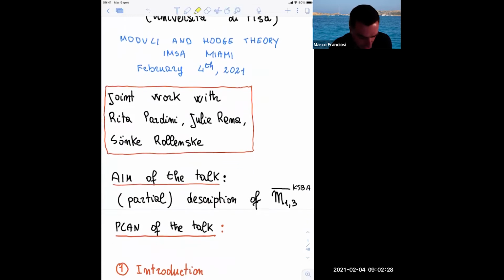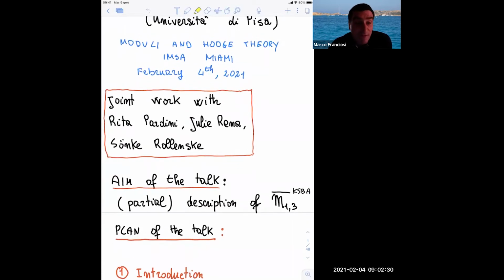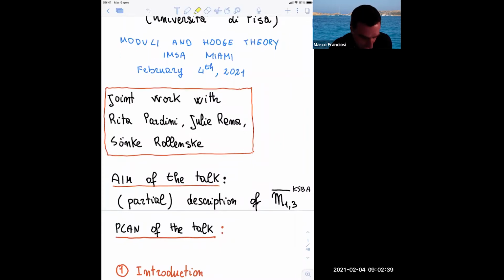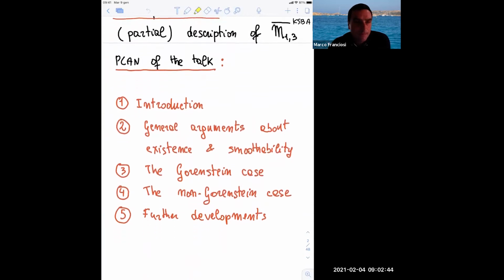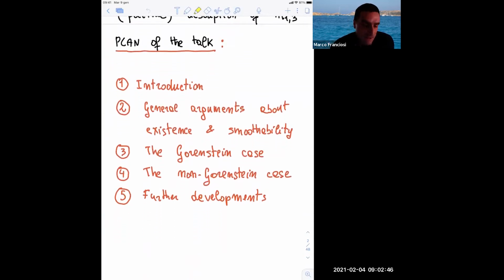The aim of the talk is to give a description, maybe partial, of the KSBA compactification of the moduli space M_{1,3}. So now let me give the plan of the talk. I will first give an introduction.